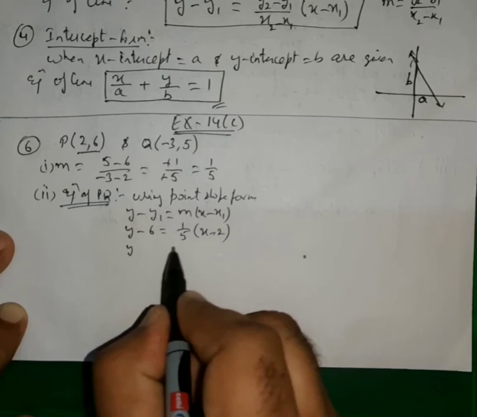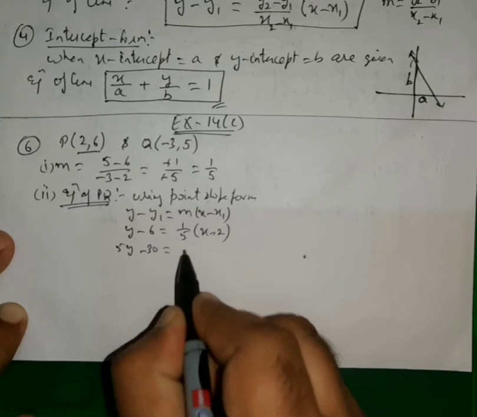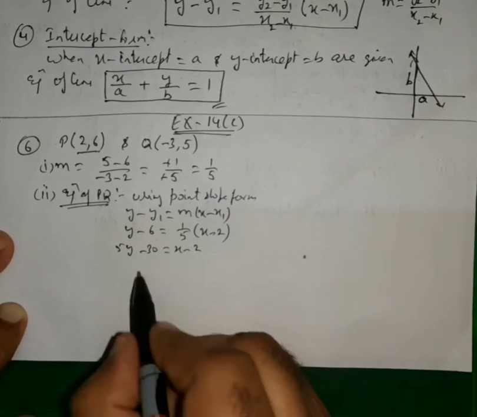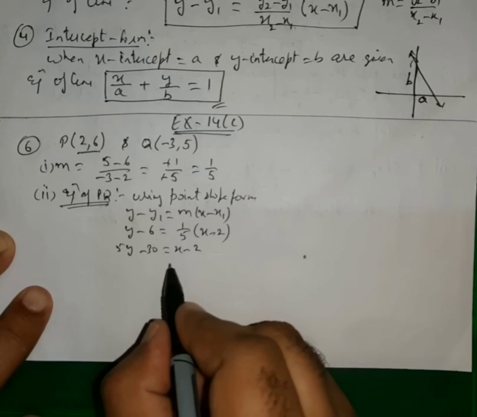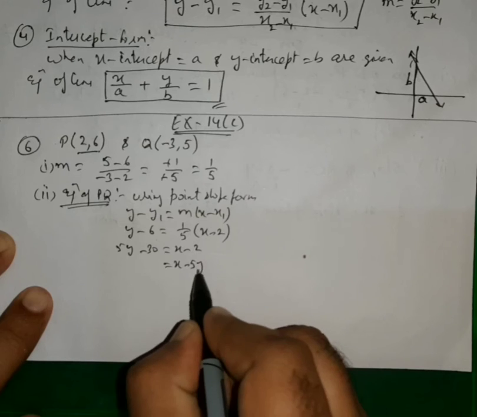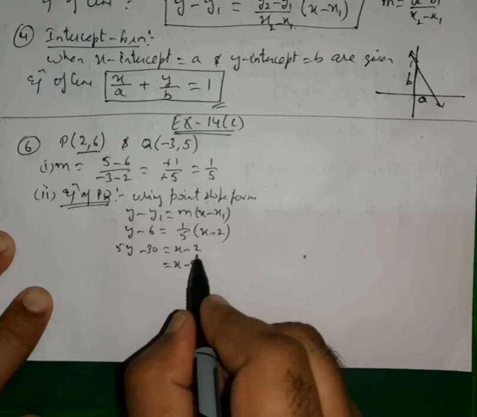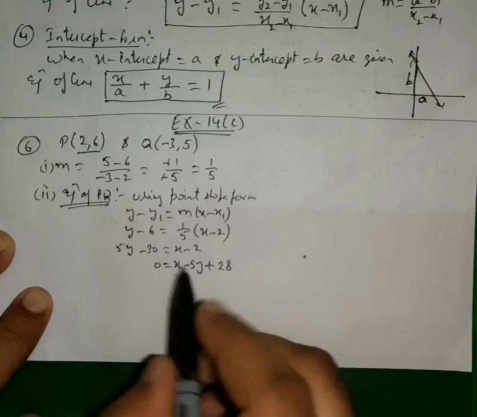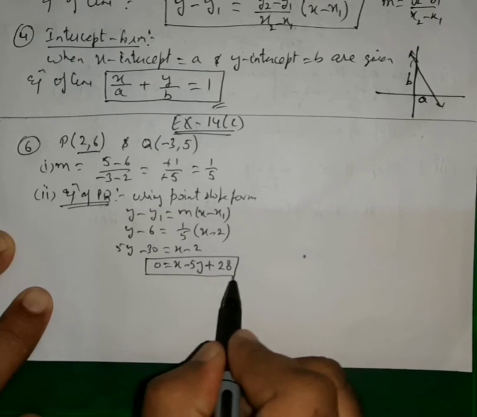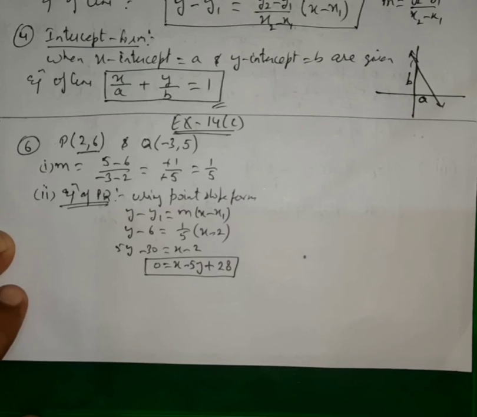So now on solving, we will get 5y minus 30 equal to x minus 2. So now we can take all the things on the left side, so this will be x minus 5y, plus 30 minus 2 will be plus 28, is equal to 0. So this is the answer for the second part.